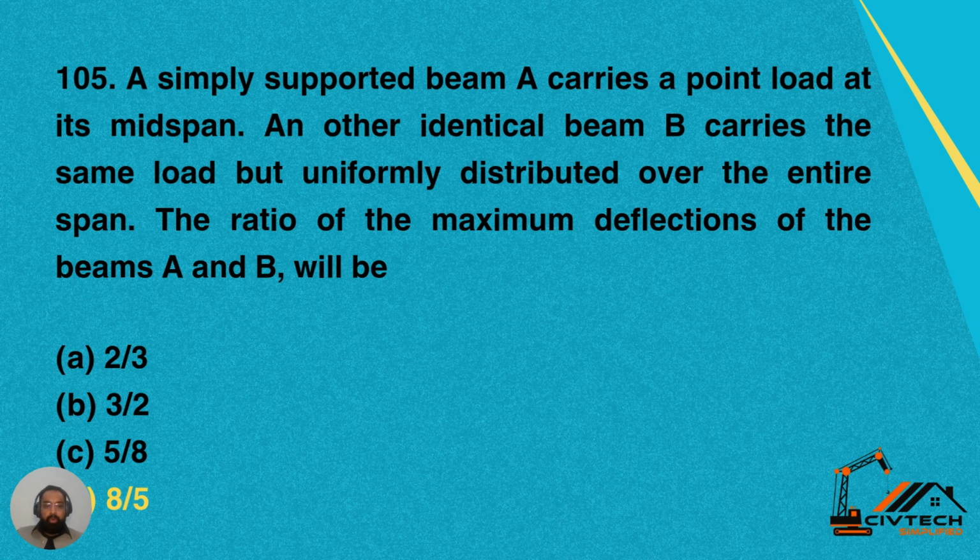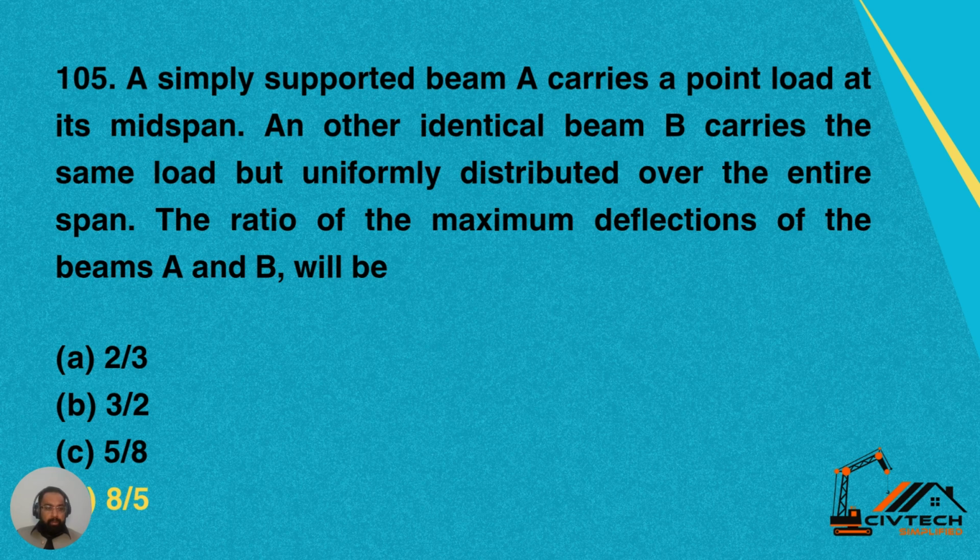Question 105. The simply supported beam A carrying a point load at its midspan. Another identical beam B carries the same load but it's uniformly distributed over the entire span. The ratio of maximum deflection of beam A and beam B will be. Remember, the beam A is simply supported beam and it is carrying a point load at its midspan, while beam B is carrying a uniformly distributed load over its entire span.